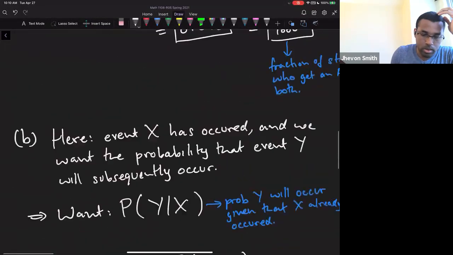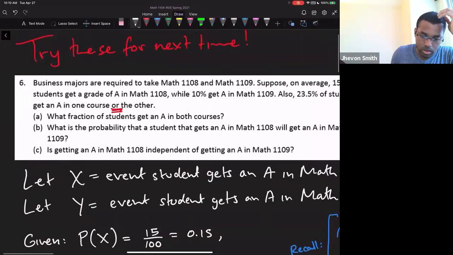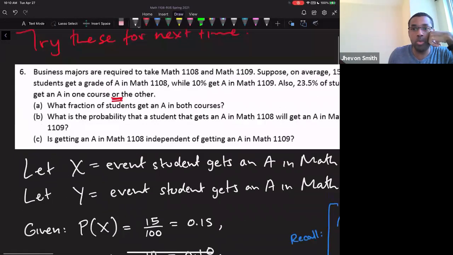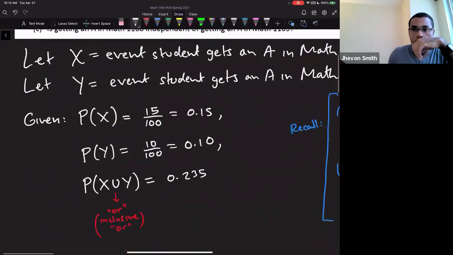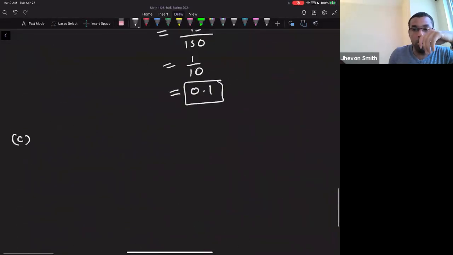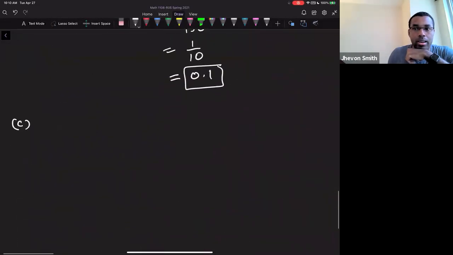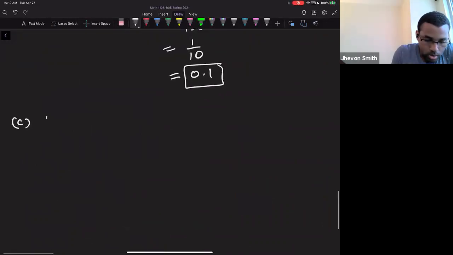C. Is getting an A in 1108 independent of getting an A in 1109? Independent means one won't affect the other, but you do not want to use your intuition to determine that again. So how do we know that things are independent?